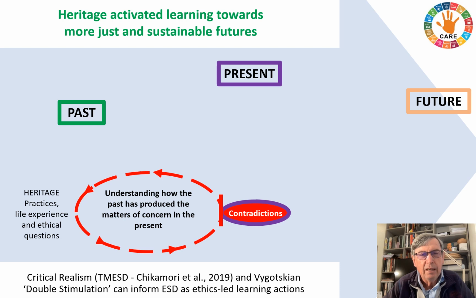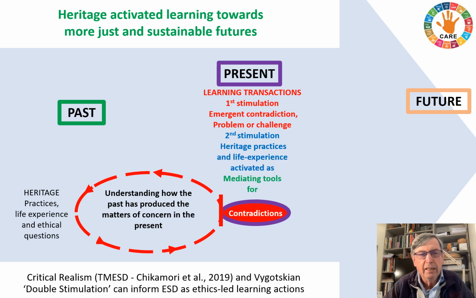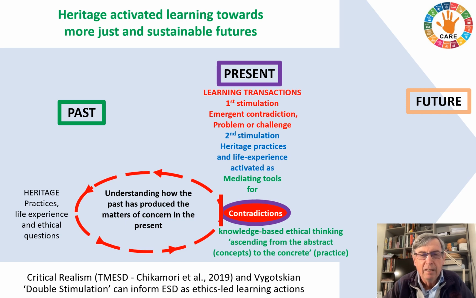And it's possible now to say, well, in the present, if the first stimulation in our learning transactions is emerging contradictions and problems and challenges that we now start to see how these were produced, then what we're able to do is to bring in the second stimulation of the heritage practices, our life experience, and these are mediating tools for knowledge-based ethical thinking, ascending from the abstract, in other words, the idea and the language, the concepts, to the concrete, to doing something in practice.